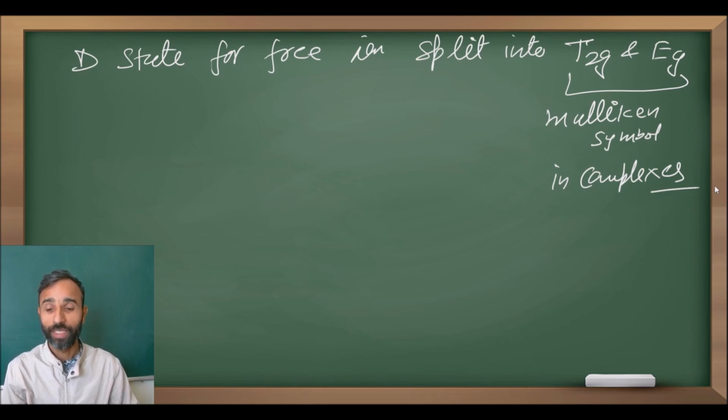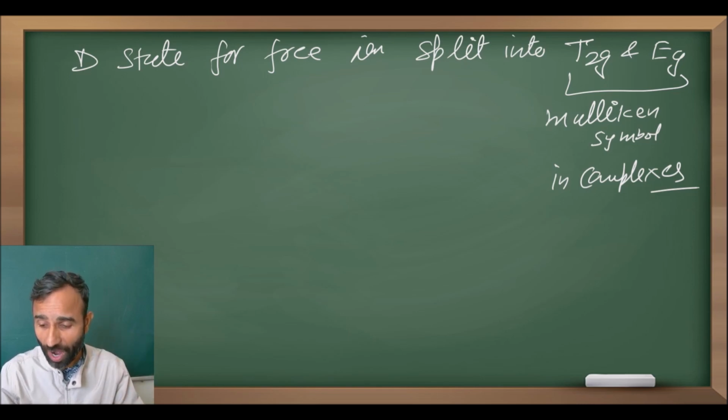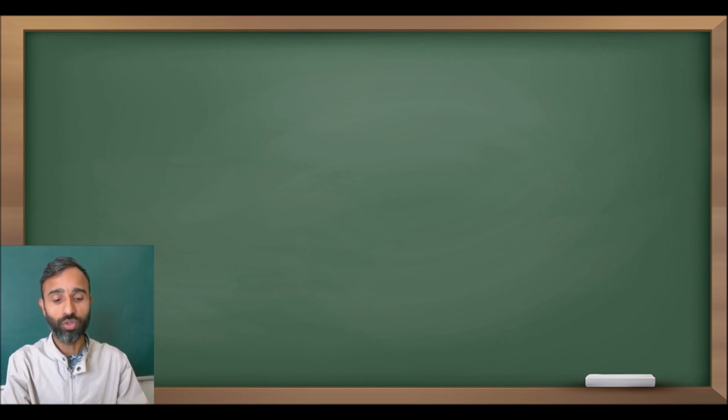In octahedral, it is split into capital T2G and capital EG. And in case of tetrahedral, it is T2 and E. G is omitted in tetrahedral. That's it.